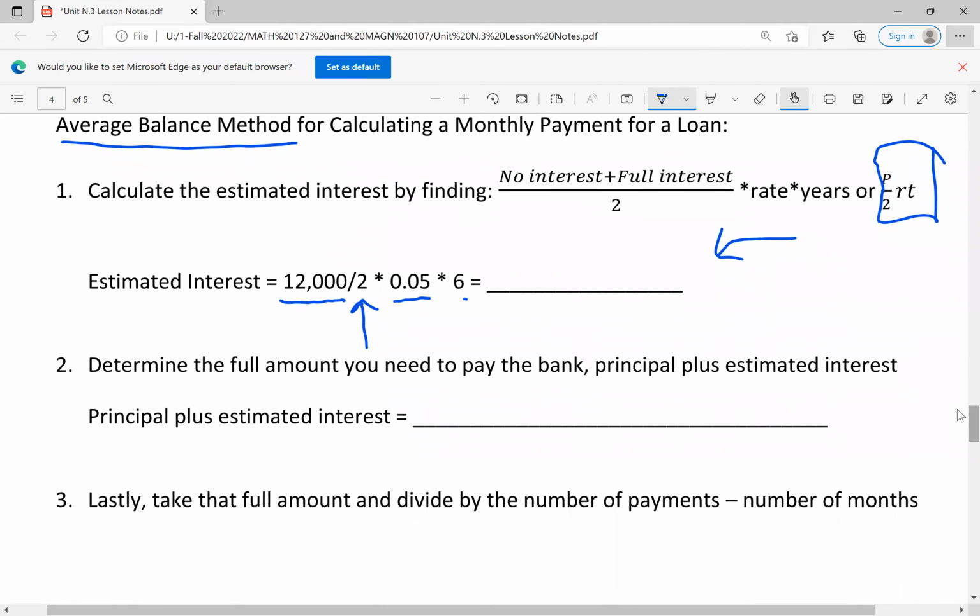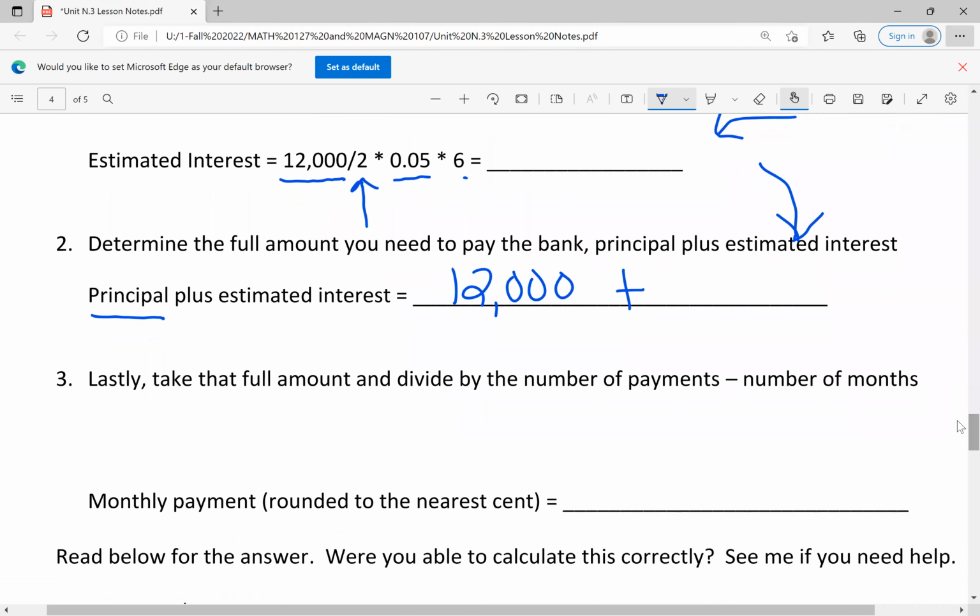Now, in order to figure out what we're going to have to pay the bank back, that is our principal, that's $12,000 still, plus our estimated interest, that's the calculation that we just did. And then lastly, we're going to take that full amount and divide by the number of months.